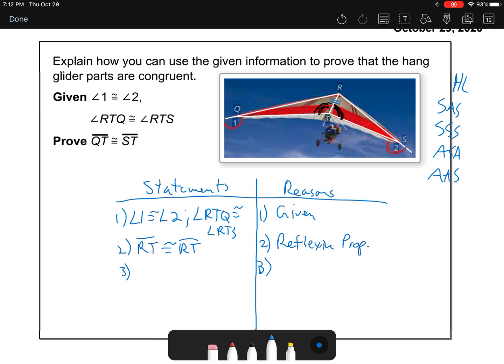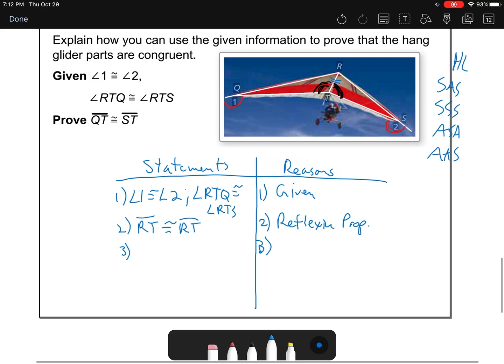And this is a mess, actually. This is going to be an ugly proof, okay? If 1 and 2 were inside that triangle, it'd sure make life a whole lot easier, but it doesn't. But we do know that the measure of angle 1 plus the measure of angle TQR would equal 180.